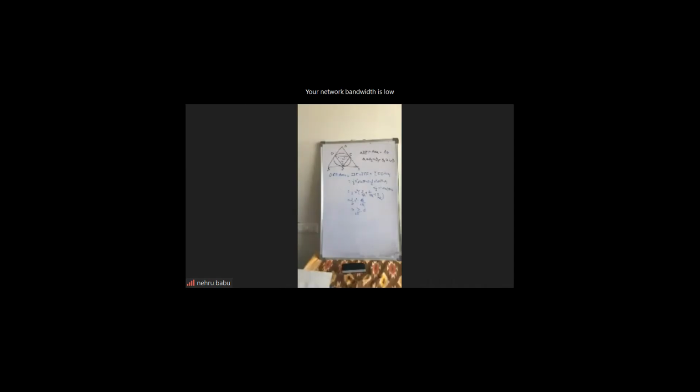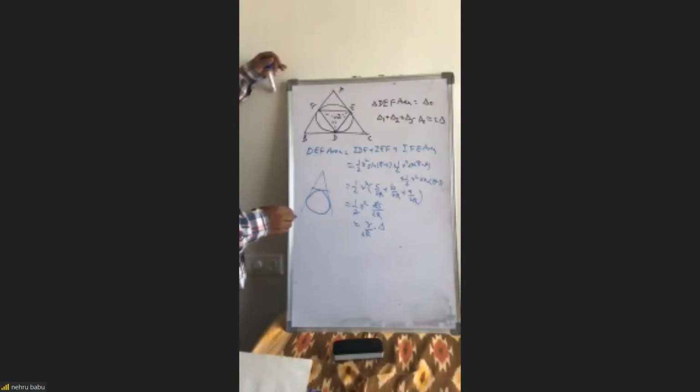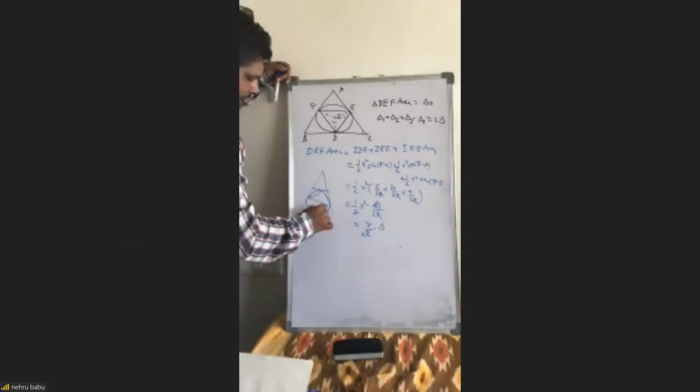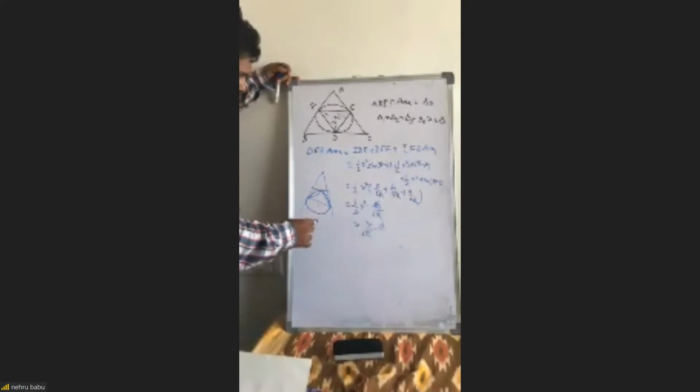So if you apply the same logic, in this case what happens? If you take this triangle here, instead of R, you get R1. So here we join these two things. What happens? This angle is what?